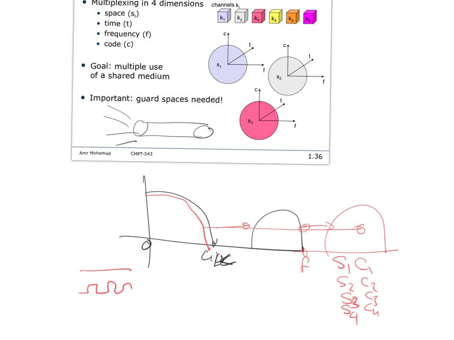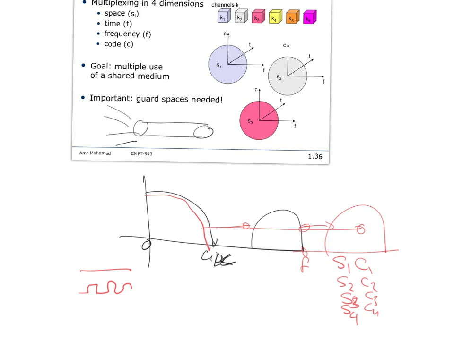Okay? But what is the trick here? The trick is that these codes are orthogonal compared to each other, which means that the correlation of one code with itself is very high, of course. And the correlation of one code with another is zero. There's no correlation whatsoever.